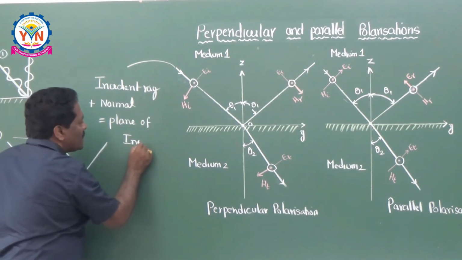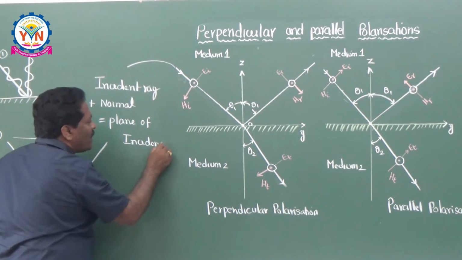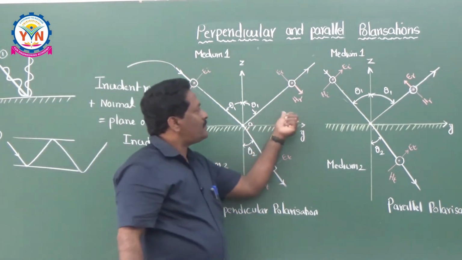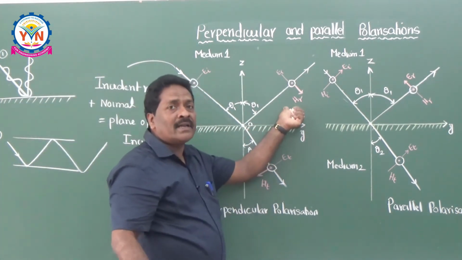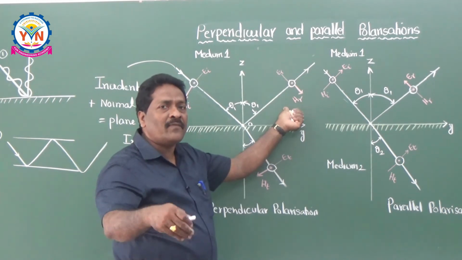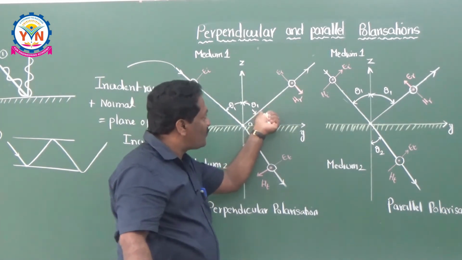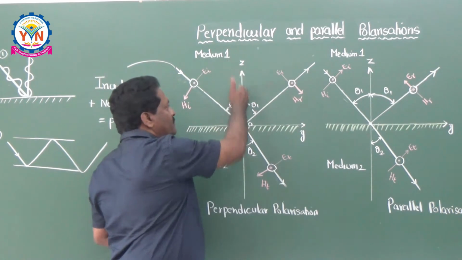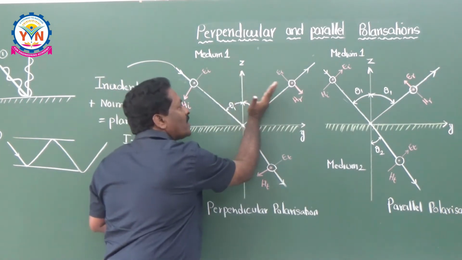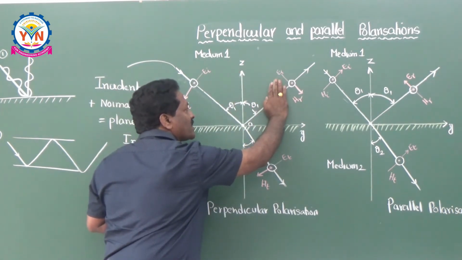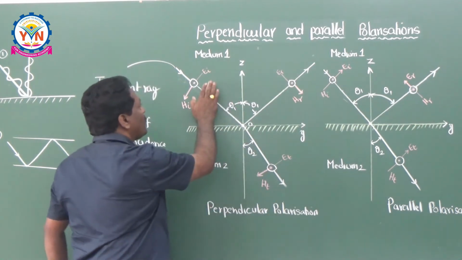Exactly like this, if you take this one, it is called the plane of reflection. The plane of reflection consists of the reflected ray as well as the normal. This is called the plane of incidence.